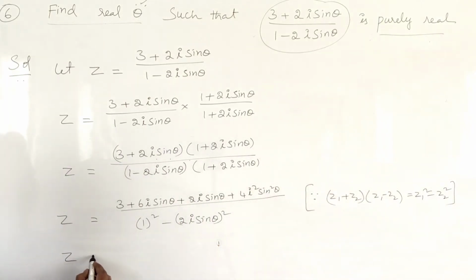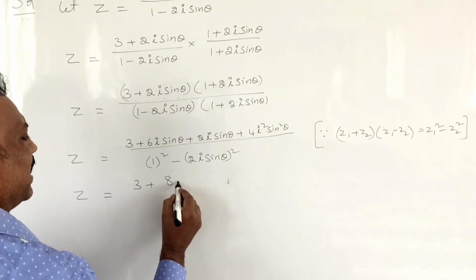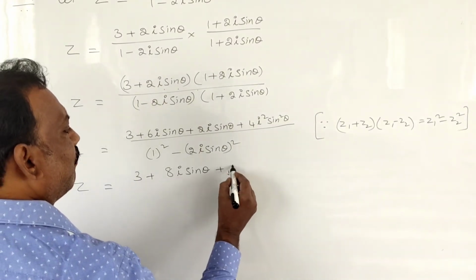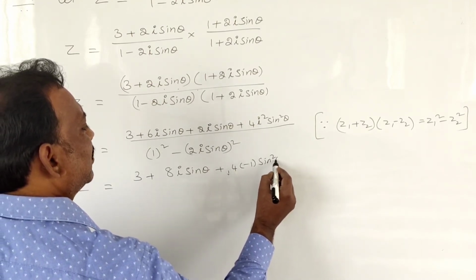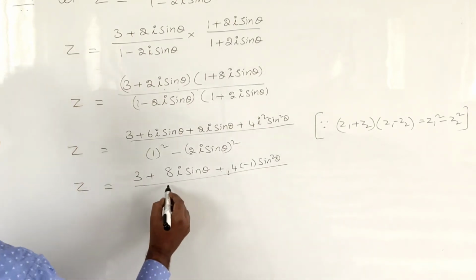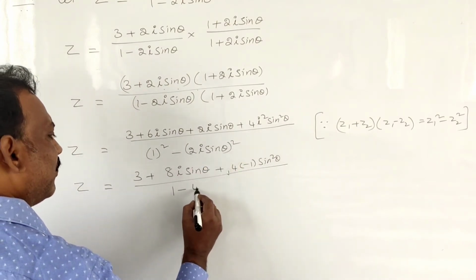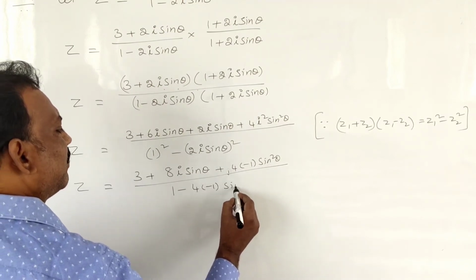Z equal to, this is 3, 6i sin theta plus 2i sin theta is nothing but 8i sin theta, plus 4 into i square value which is minus 1 and sin square theta, upon 1 square is 1, minus 2 square is 4, i square is minus 1 and sin square theta.